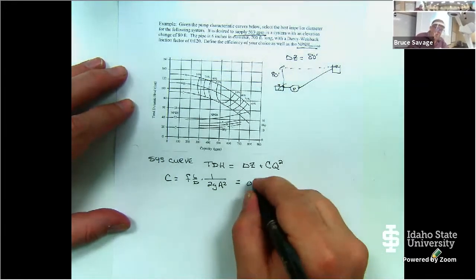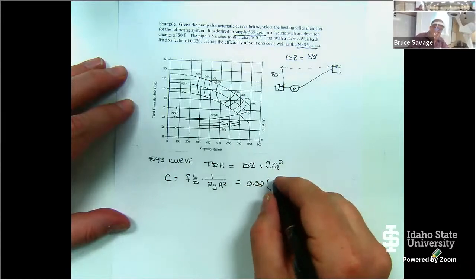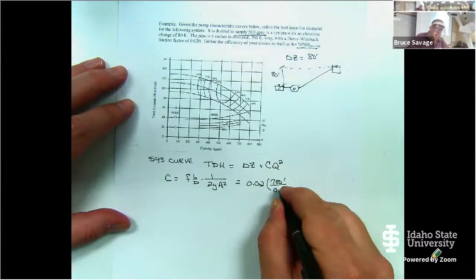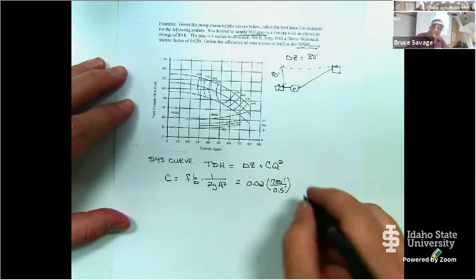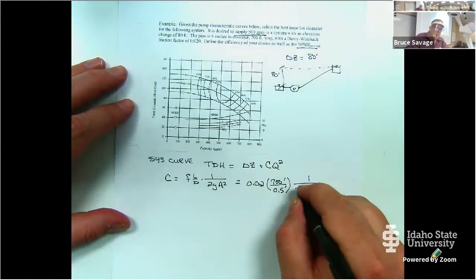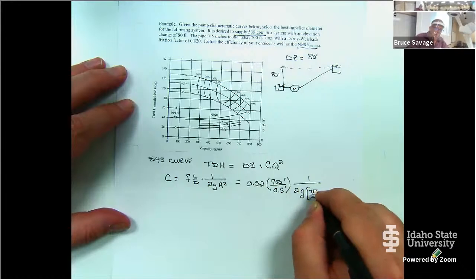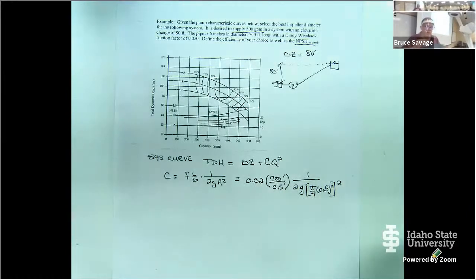So our friction factor is 0.02, times the length of 700 feet, divided by the diameter. The diameter is 6 inches, so 0.5, half a foot, times 1 over 2g times the area, which is going to be pi divided by 4 times 0.5 squared, end of quantity, squared.